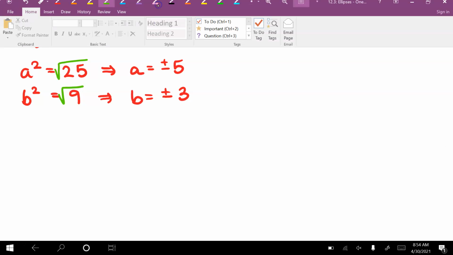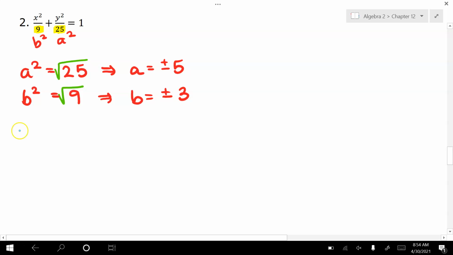So to write my vertices, we're using the right-hand side of my chart here. So the vertices are 0, and then your A value. So my A values are positive 5 and negative 5. So we would do 0, positive 5, and 0, negative 5.